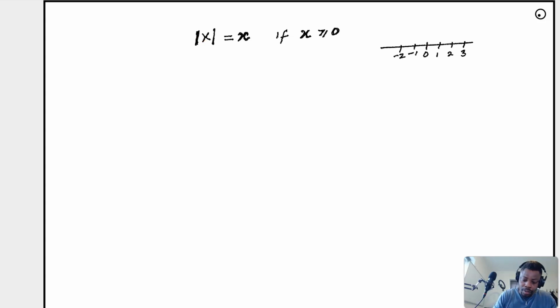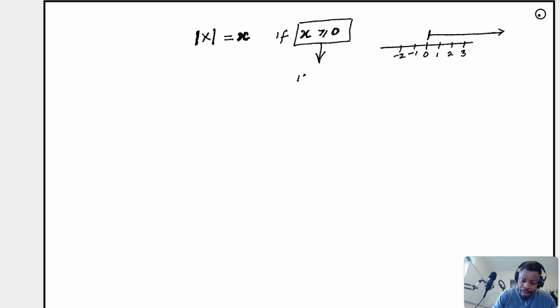So for the modulus of x to be equal to x, that is if x is greater or equal to 0, that means the x value must range from here upward. So modulus x can only be equal to x if the x value is greater or equal to 0.